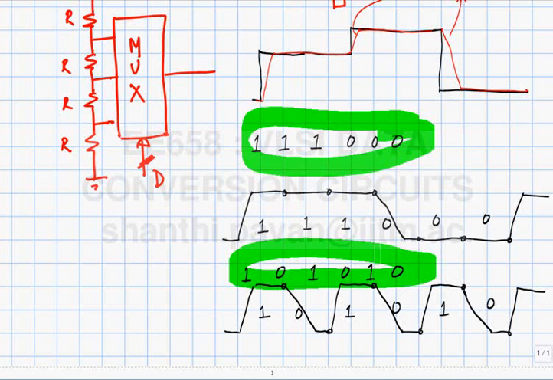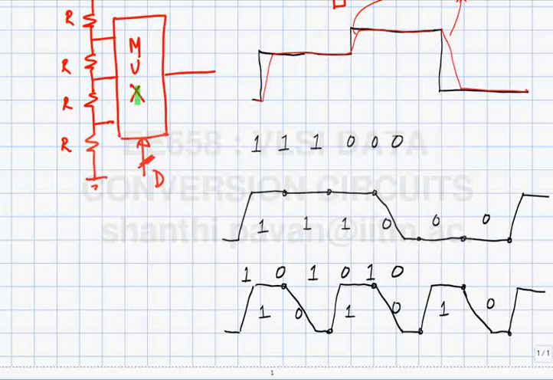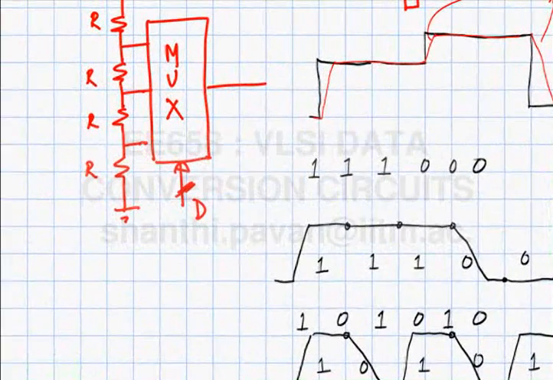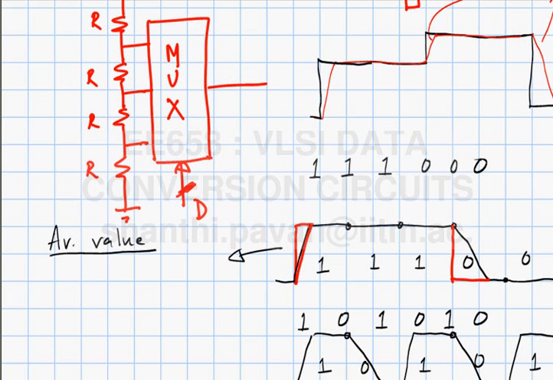Alright. Now let's see what the average value of this waveform is. What is the average value? Let me call the area of this triangle A1 and the area of this triangle A2.